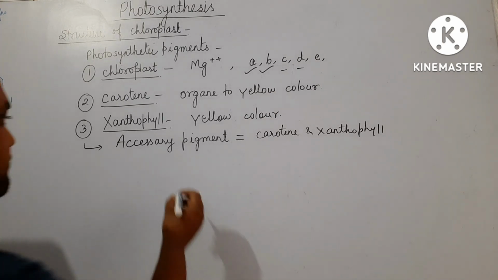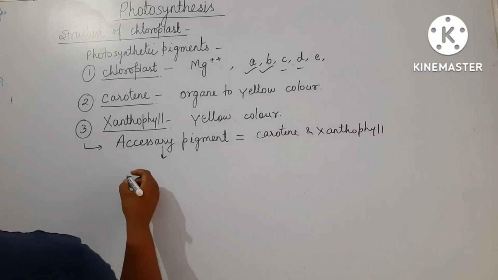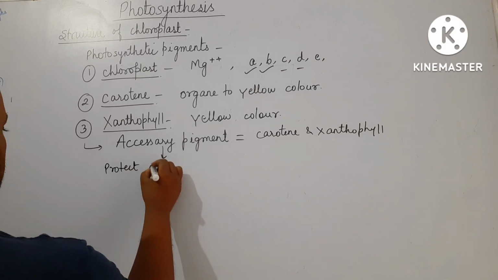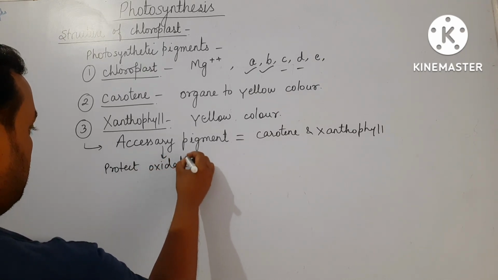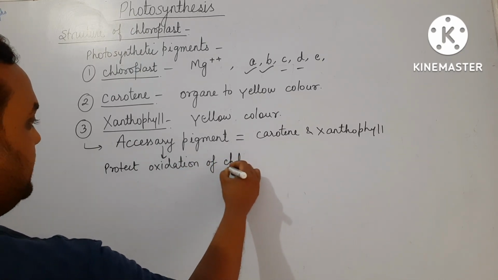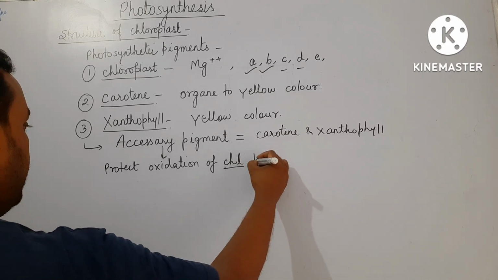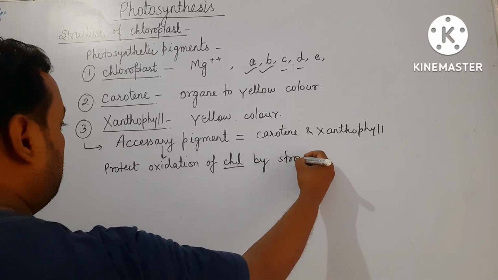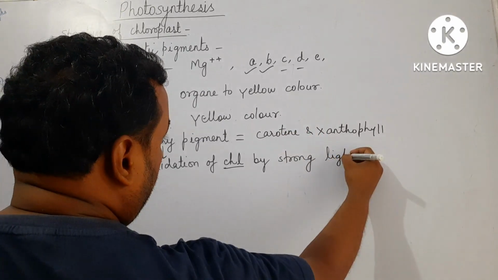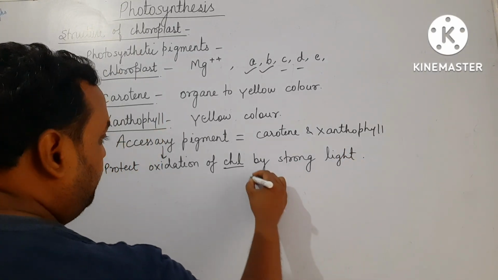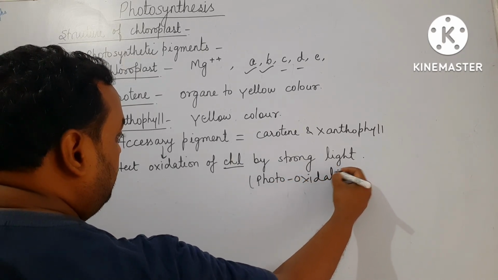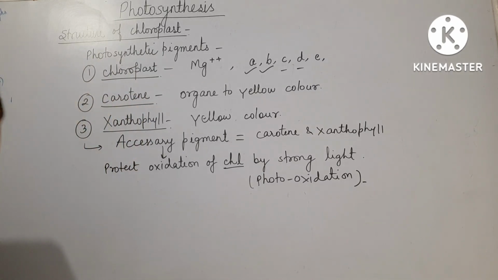So what is their function? Their main function, you can write, is to protect oxidation of chlorophyll by strong light. So we can write here photooxidation.